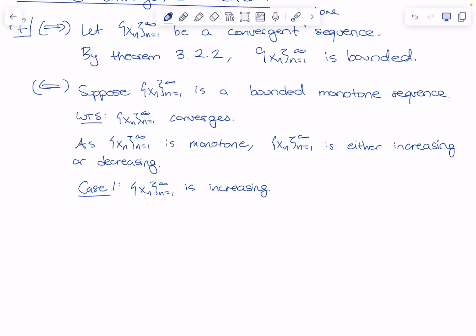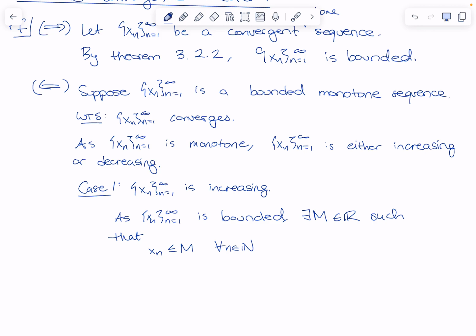What does bounded tell us? There exists some number that the sequence never goes beyond. Bounded means both ends. So if the case is increasing, there exists some number M such that there is no xn greater than that bound: xn is less than M for all n in the naturals.